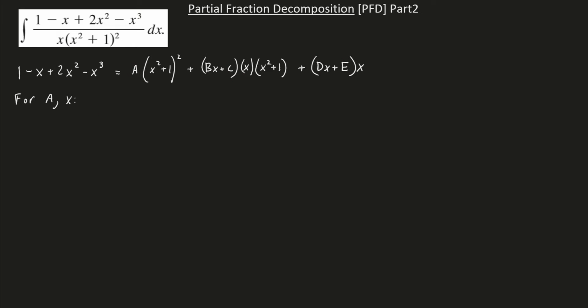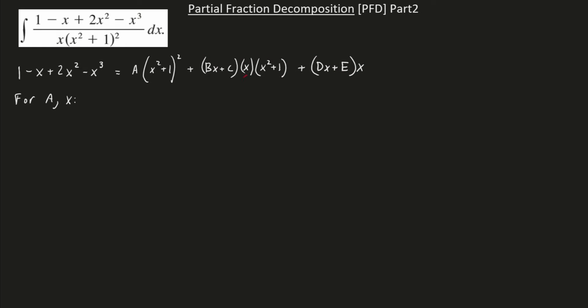And I'm always looking at my coefficients here. I'm thinking about what values I can plug in for x that will turn one of these factors to 0, so that it completely annihilates this guy and this guy, but will at the same time not eliminate A.